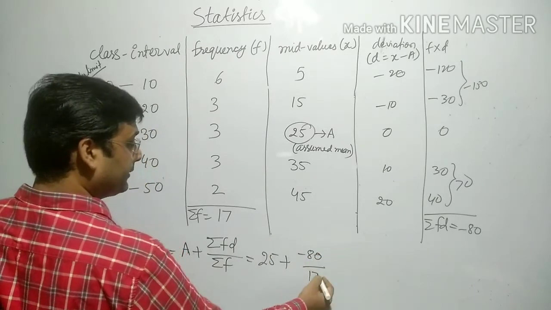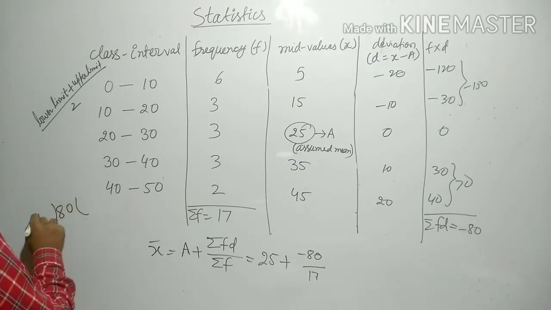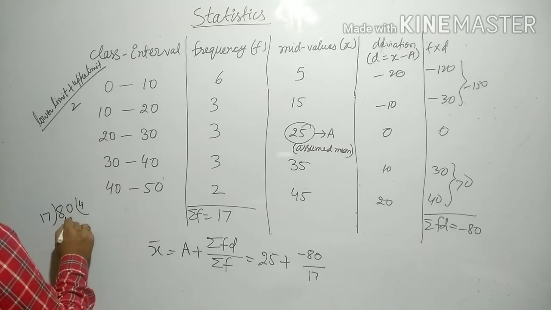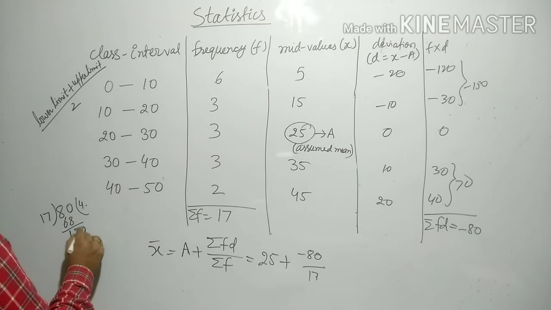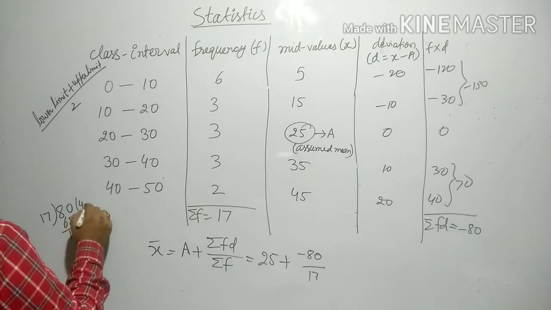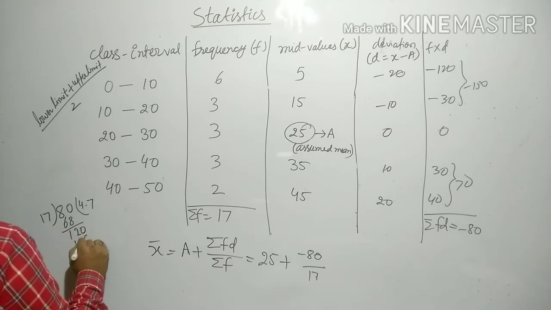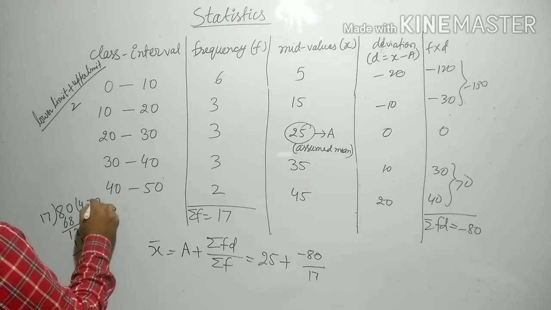Now 80 divided by 17 we have to find. 68, 12, so it will be 7, 119, 1.